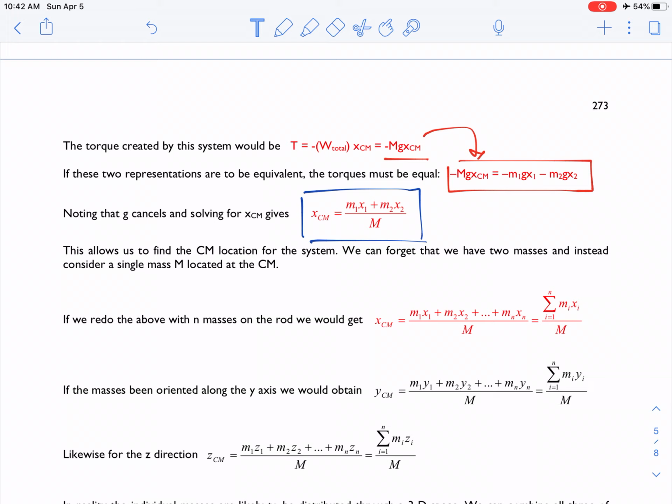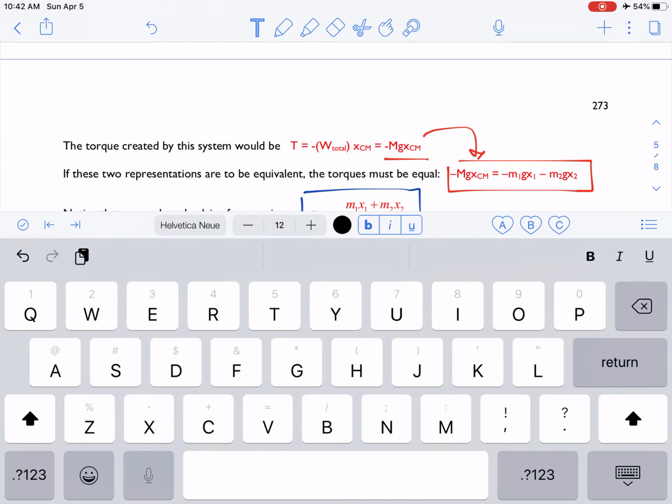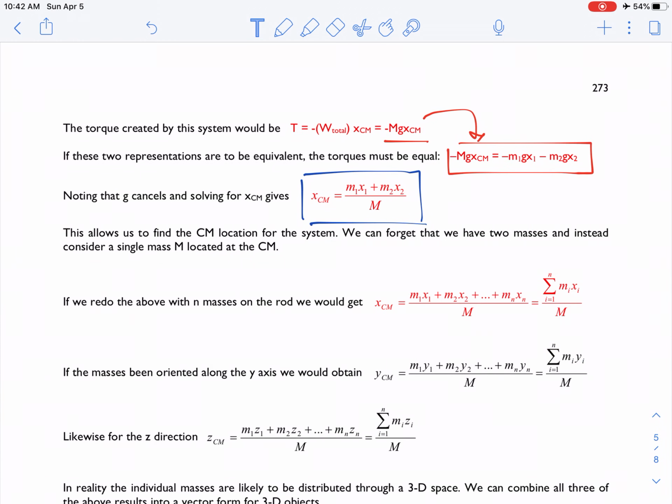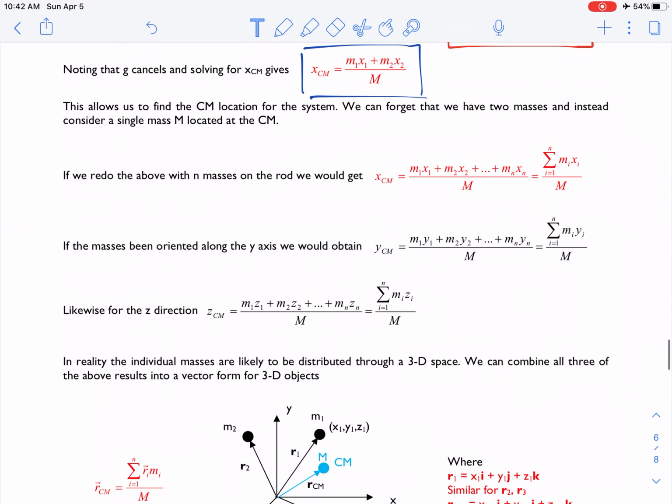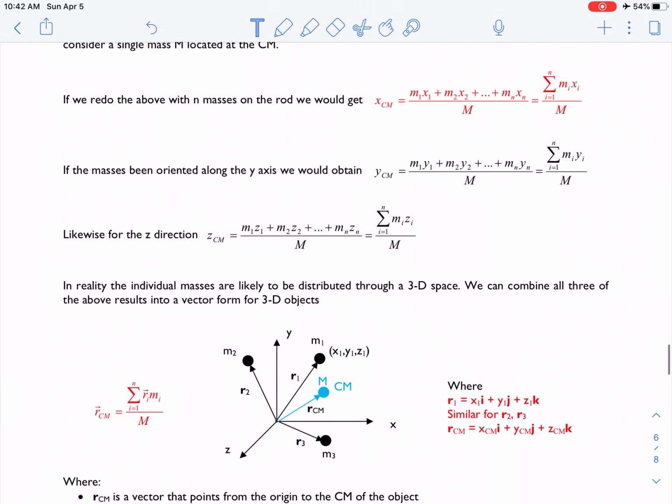So we're using index i, and i goes from 1 to n, and you just need to multiply those and then divide by the total mass. That will give you the center of mass for x. And that means you can do the similar thing for the y component and the z component. So you can get all these three positions from the torque definition. Okay, and these are given in the equation sheet.